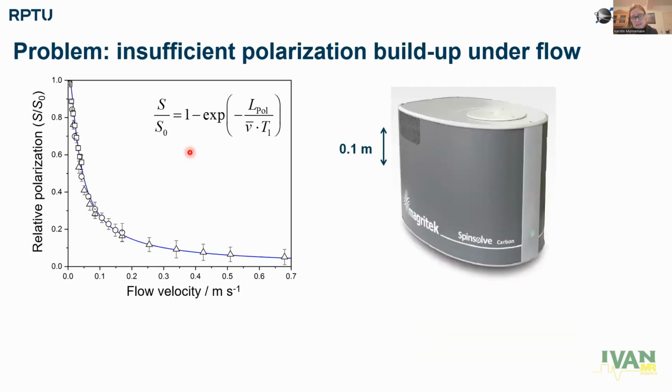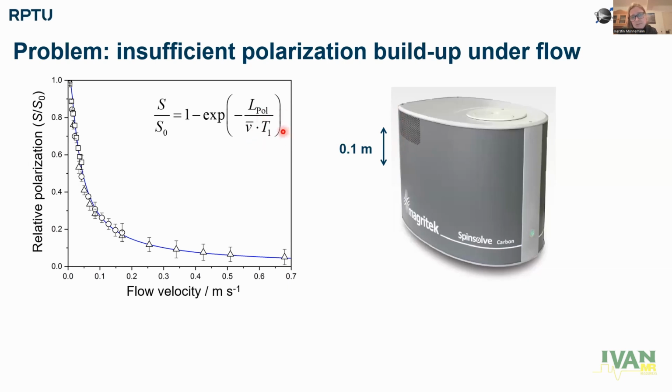However, the great advantage can turn into a disadvantage if you look at NMR under continuous flowing conditions, because the magnet is very tiny, and therefore the polarization length, the distance where polarization can build up before your sample enters the NMR coil for detection, is very short in this benchtop NMR magnet. In our case it is around 10 centimeters.